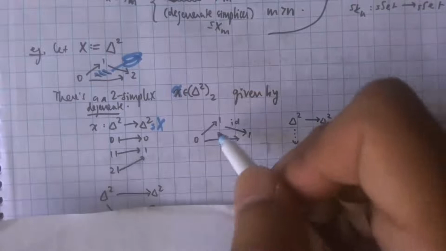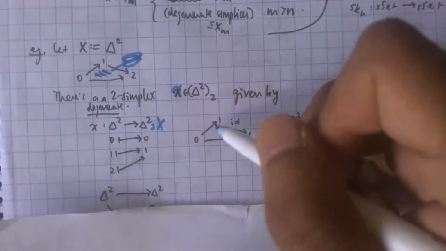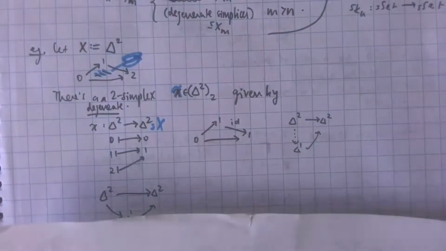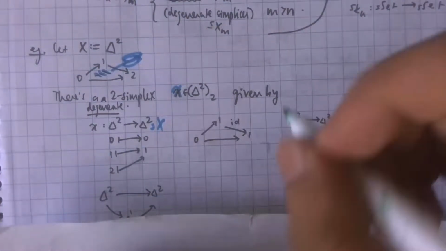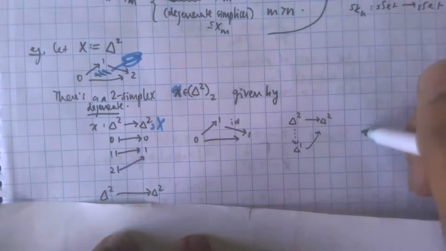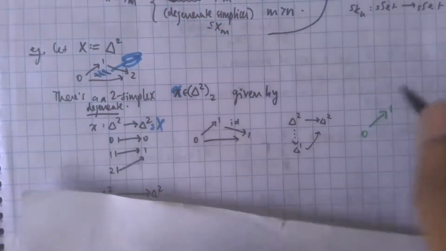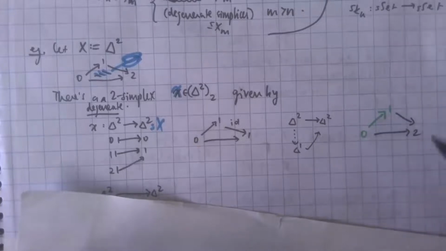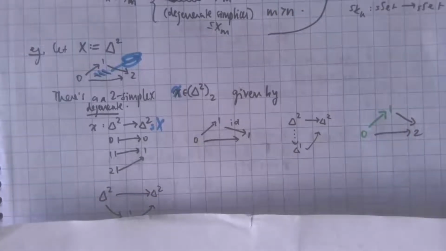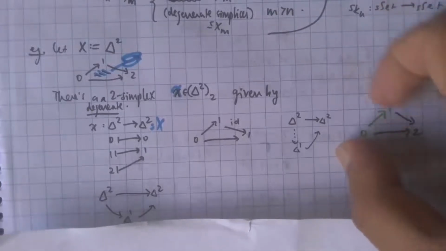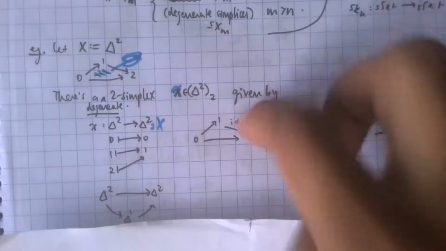And obviously this factors through a 1-simplex. This is just the edge, right? So this just corresponds to that edge. It's kind of like taking this edge and fattening it up by adding a degeneracy with this identity map.